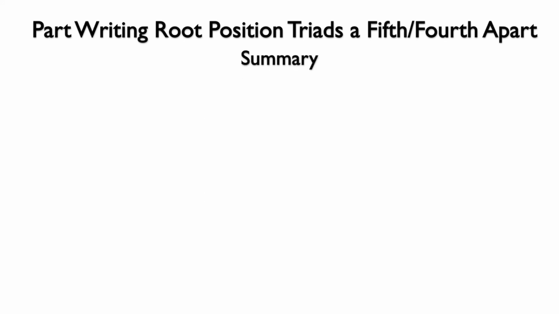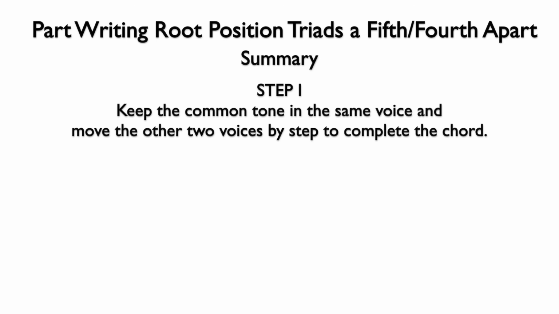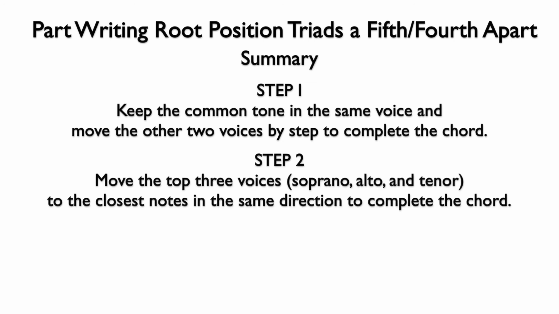Let's summarize the steps for voicing root position triads of 5th/4th apart. Step 1. Keep the common tone in the same voice and move the other voices by a step to complete the chord. If step 1 does not work, step 2. Move the top 3 voices, soprano, alto, and tenor, to the closest notes in the same direction to complete the chord.